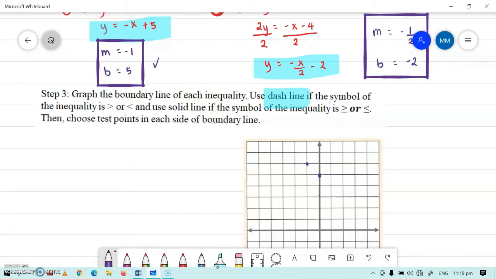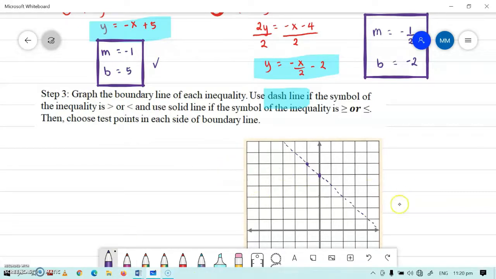So here, using dashed lines to determine the boundary line. We are now drawing the boundary line for the first inequality.